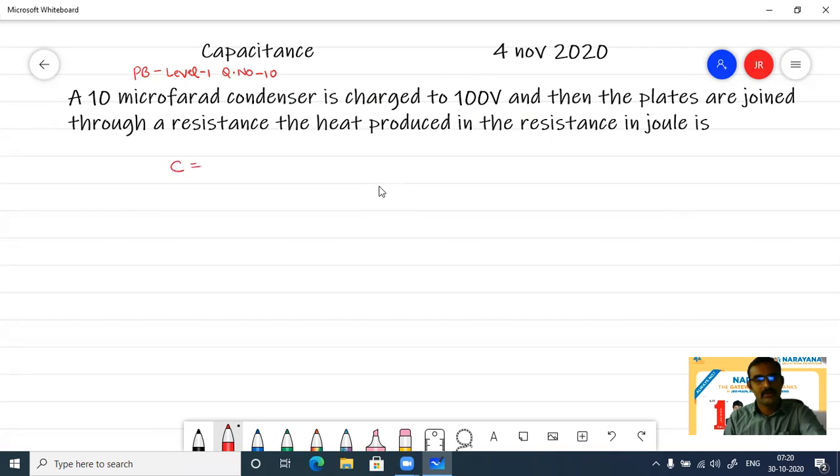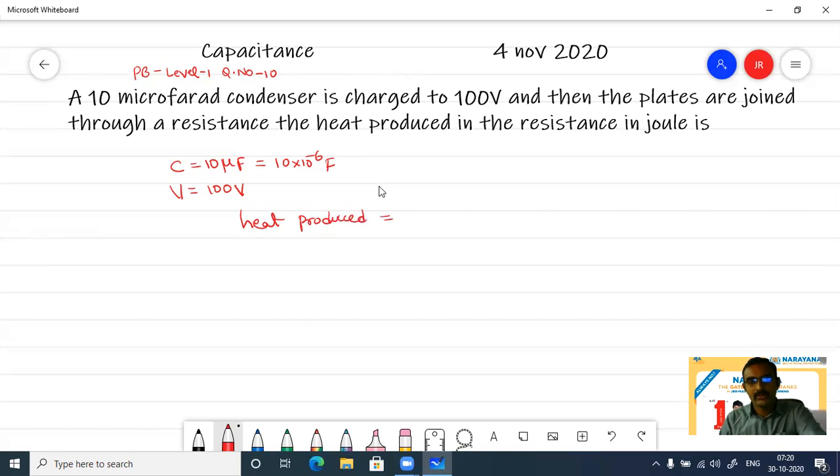So what is the C value here? 10 microfarad is 10 into 10 to the power of minus 6 farads, charged to 100 volts. So potential V is equal to 100 volts. Then the plates are joined through a resistance. Find the heat produced in the resistance in joules. So he wants the heat produced.